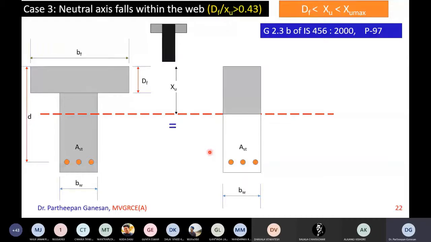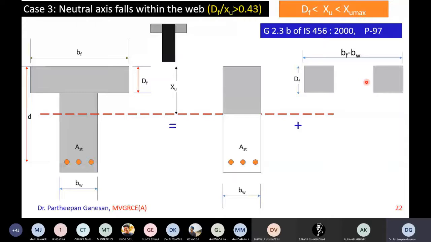Plus this flange part, where again this width will be bf minus bw, and this is the thickness of the flange. So I have divided this into a rectangular beam and a flange portion alone, same as the previous one.